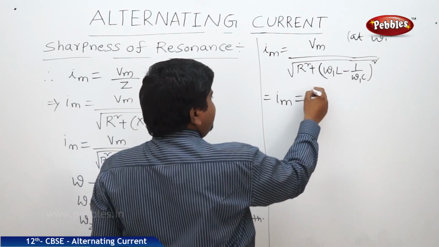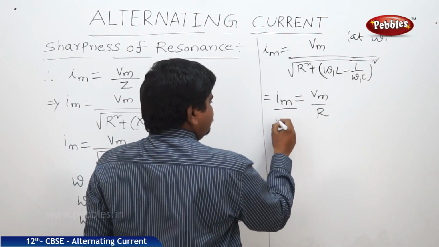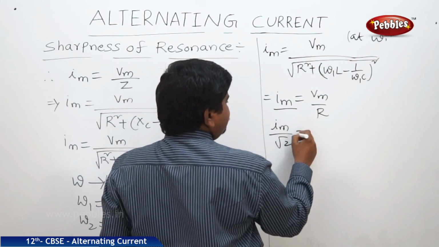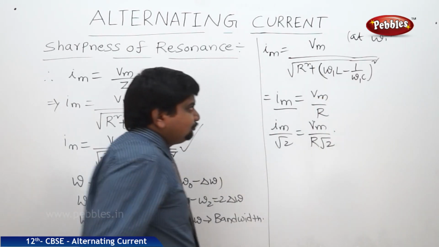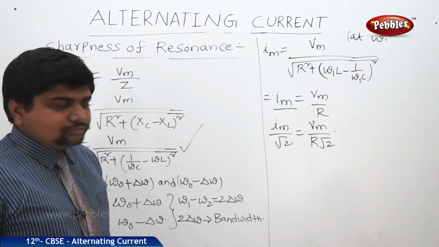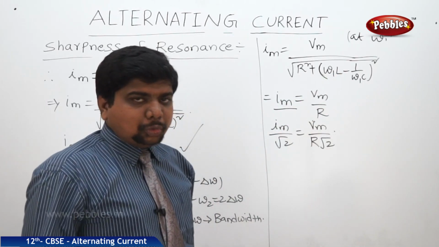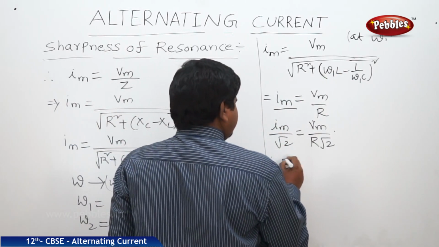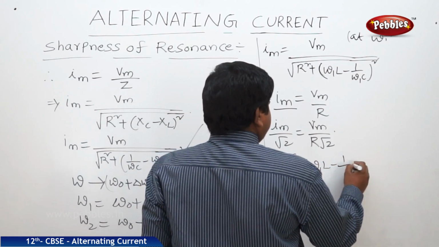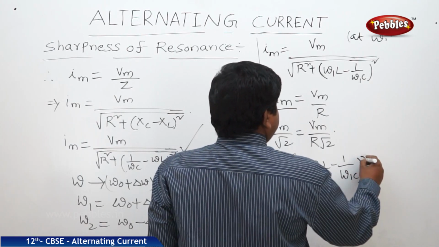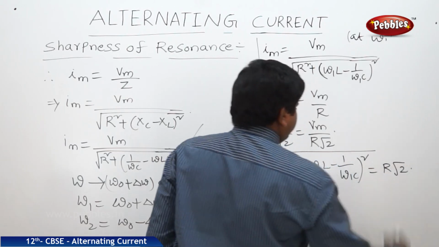What is the equation actually? Im is equal to Vm by R, so Im by root 2 is equal to Vm by R root 2. Therefore, we are equating this as R root 2: under root of R square plus (omega 1 L minus 1 by omega 1 C) whole square is equal to R root 2.